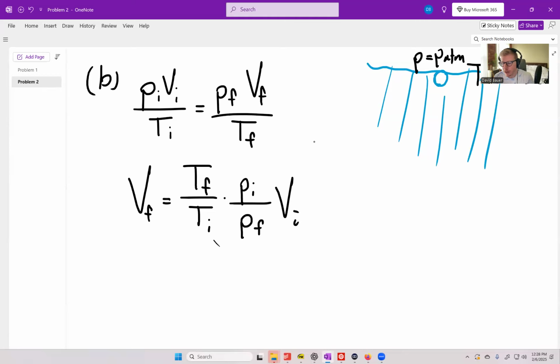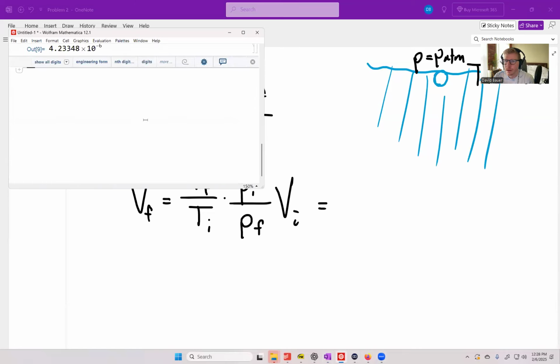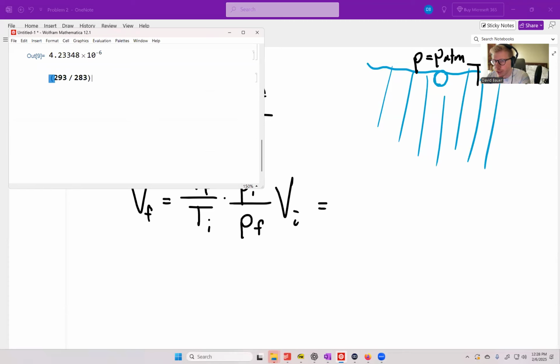And everything here I know, so I'm just plugging in. Okay. So 293 over 283, the ratio of the pressures, and then times the initial volume.